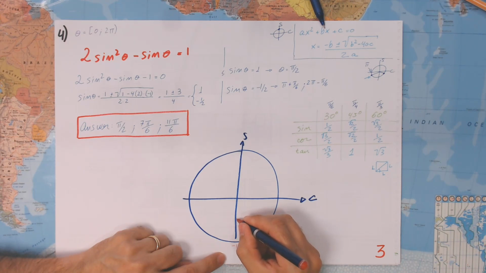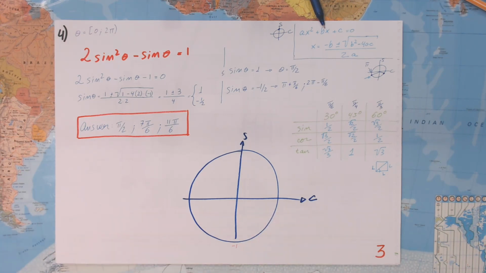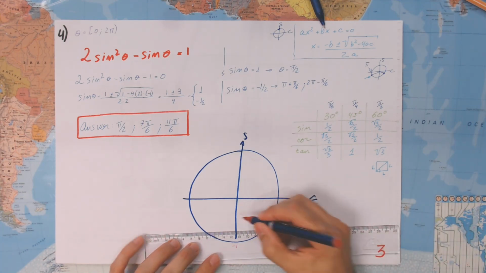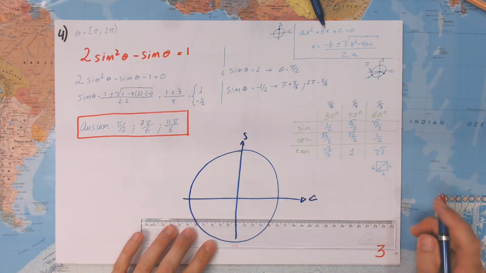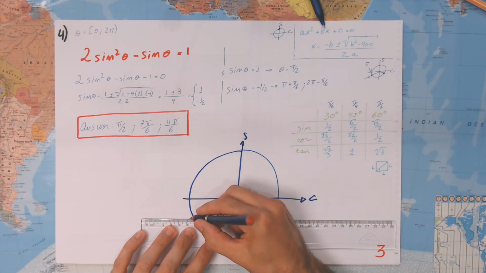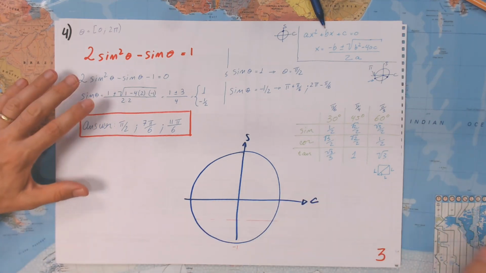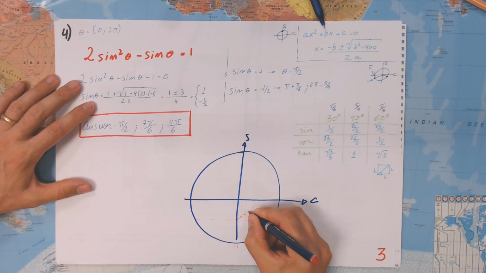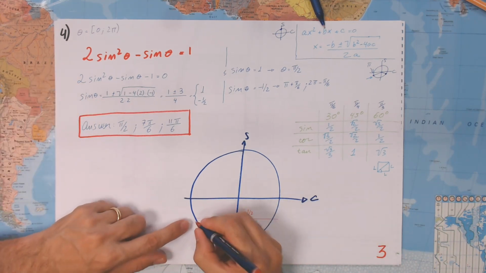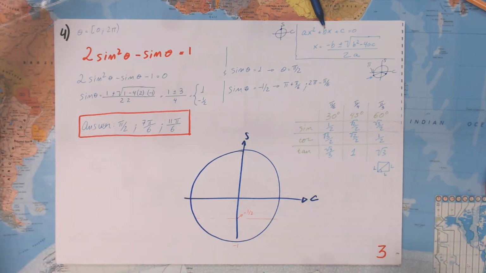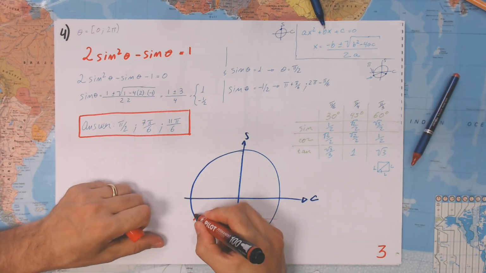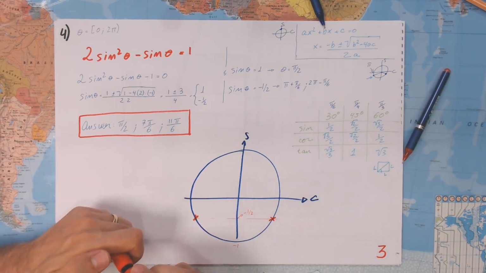So minus half is going to be this one, okay? So half is going to be this. So this is going to be minus half. Okay, so we are searching for, let's make very explicit, these points and these points.